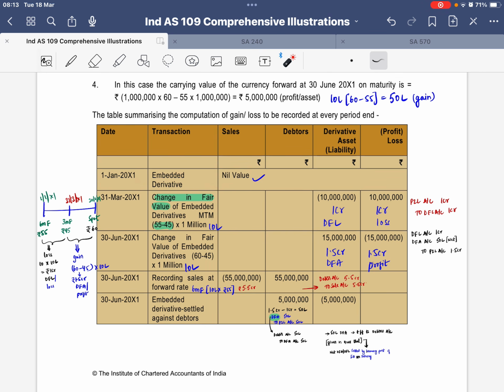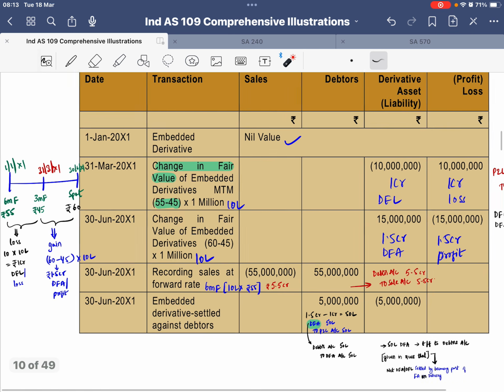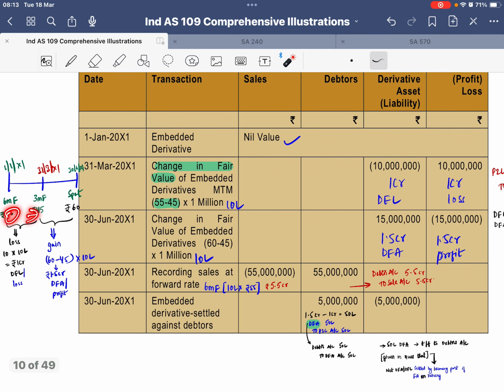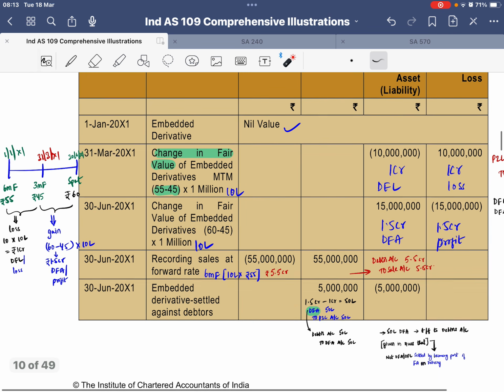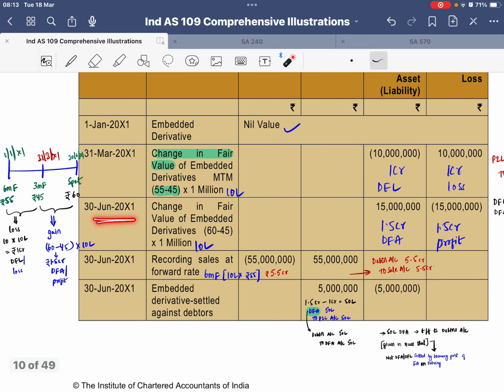On 31st March, the reporting date, change in fair value: 55 minus 45 gives 1 crore loss in DFL, 1 crore loss to PNL. On 30th June 20x1, change in fair value of embedded derivatives, which is 60 minus 45, gives 1.5 crore DFA, derivative financial asset.